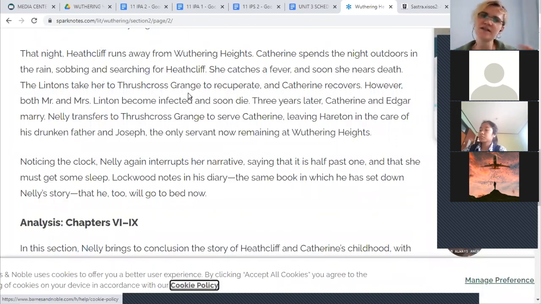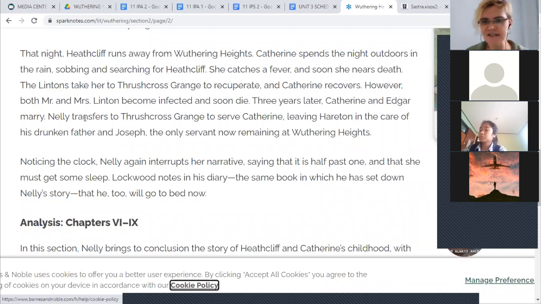That night, Catherine tries to look for him, and then she becomes very ill because she stays out for too long. Then the Linton parents bring Catherine to Thrushcross Grange to get better, and she gets better, but Mr. and Mrs. Linton become infected because of Catherine, and they die very soon.